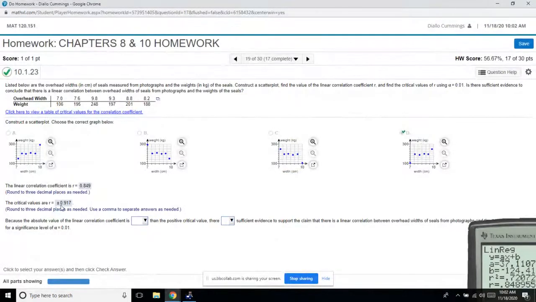All right, so we have the R values is plus or minus 0.971. Okay, now we need to make a determination. So we're going to look at the absolute value of the linear correlation coefficient, which is 0.849. The critical values are plus or minus 0.971.